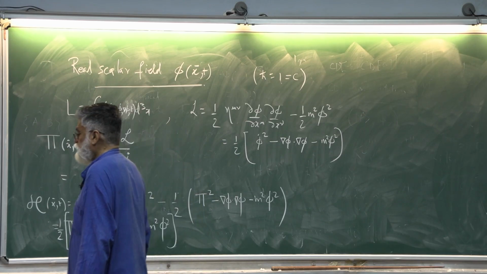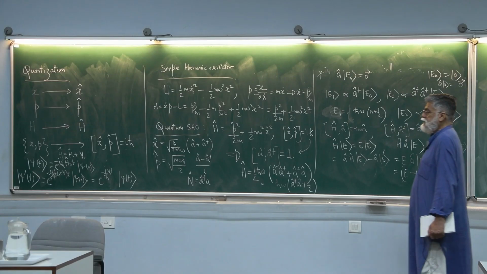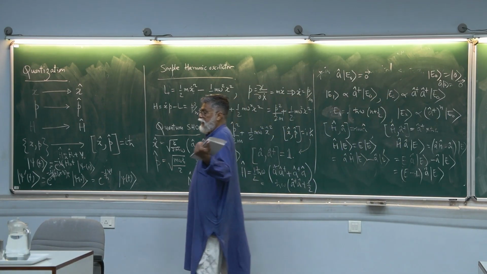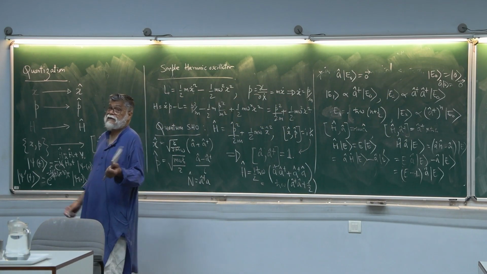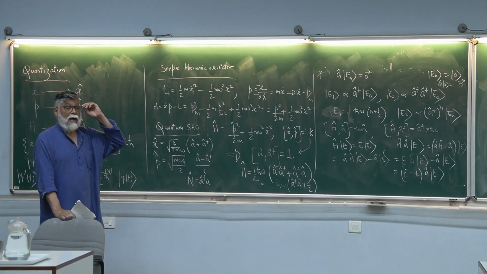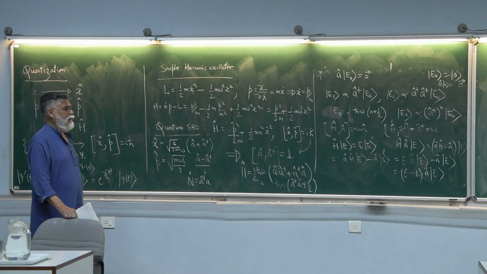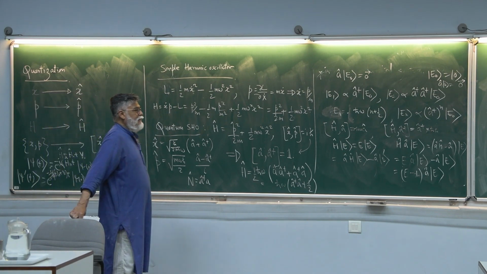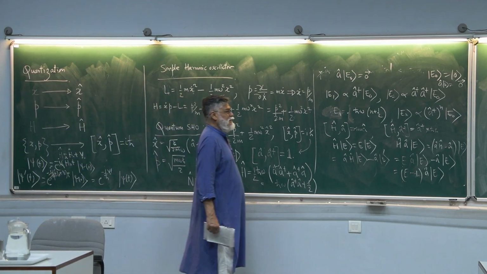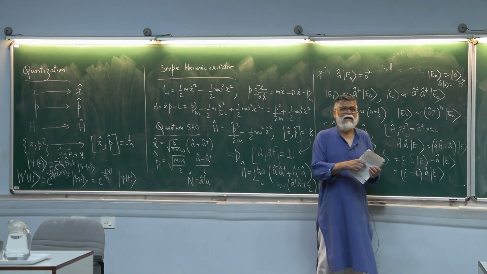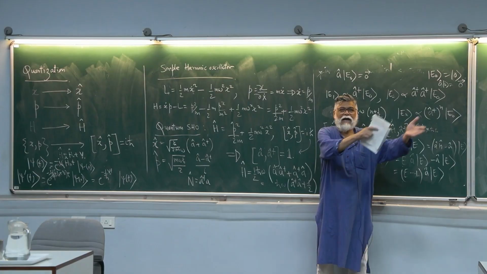As you can see in this problem, the Hamiltonian density is positive definite because it has pi square, it has grad phi dot grad phi, it has plus m square phi square. So the Hamiltonian density is positive everywhere. By the way, someone might think that a real scalar field is too idealized, but that's not true. You can use the real scalar field theory for relativistic fluid dynamics.